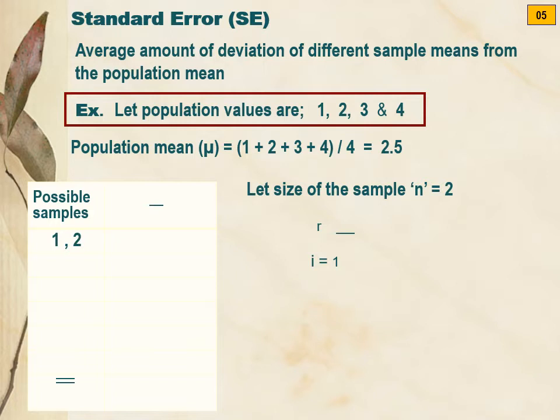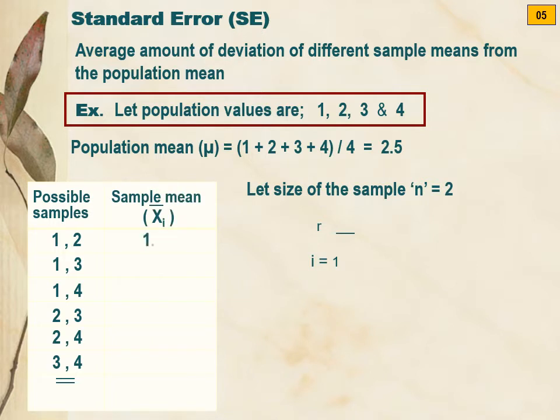All possible samples: 1, 2; 1, 3; 1, 4; 2, 3; 2, 4; and 3, 4. These are the possible different samples of size 2 from this population. You can calculate the means of these samples.